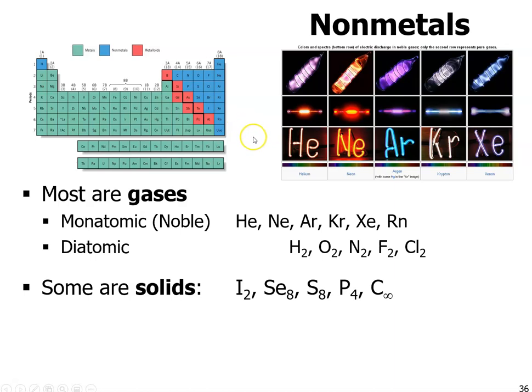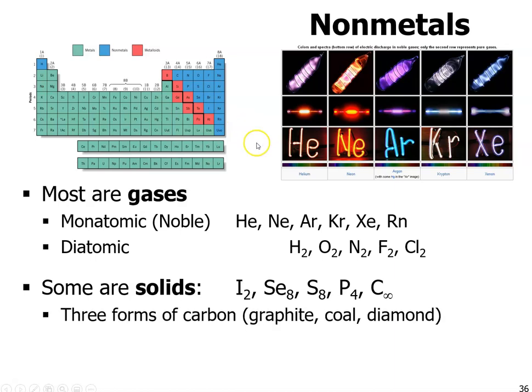There are a few of them that are solids, and then different forms of certain types, like carbon, for example, can be graphite, coal, diamond. That's all carbon, but they're just in different forms. We'll talk about that later in the semester. Bromine is a liquid.